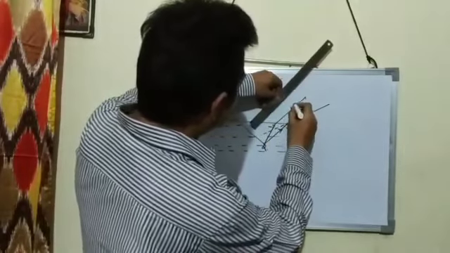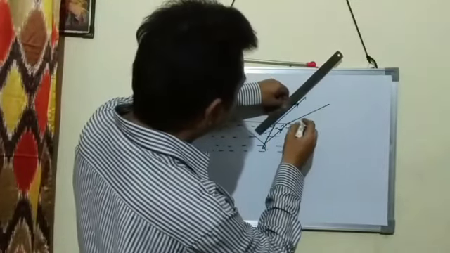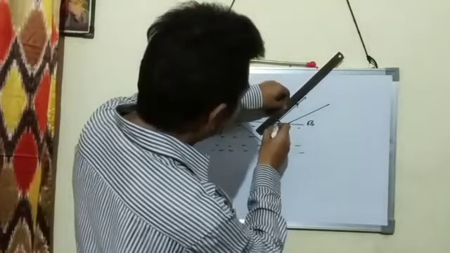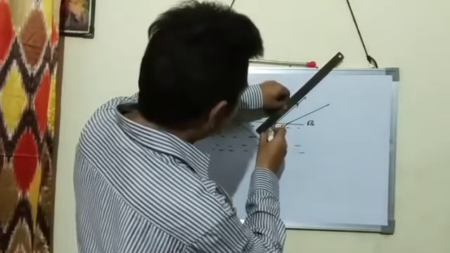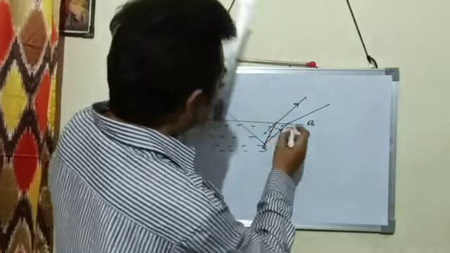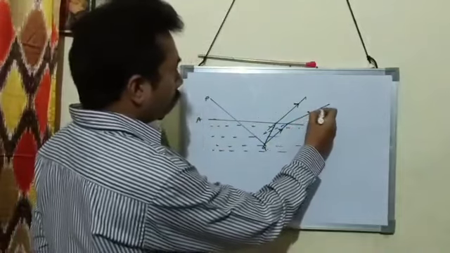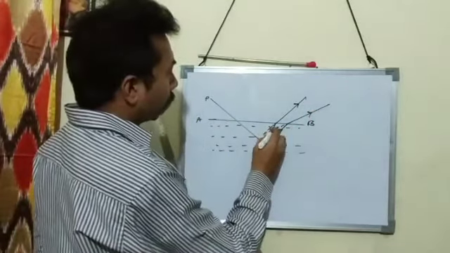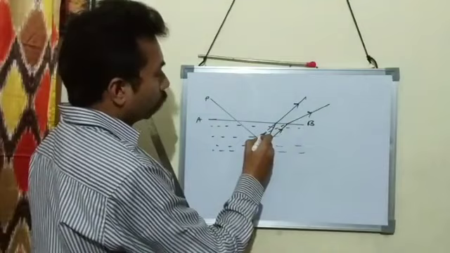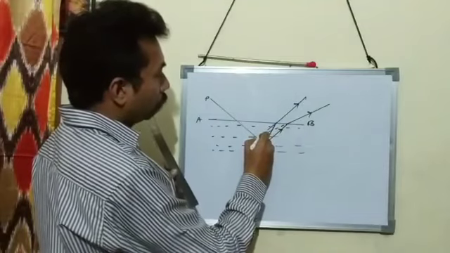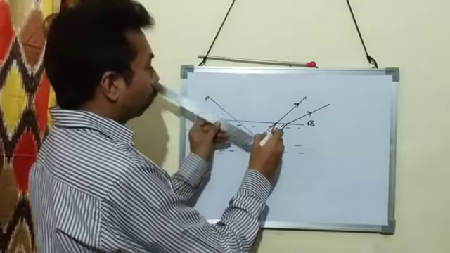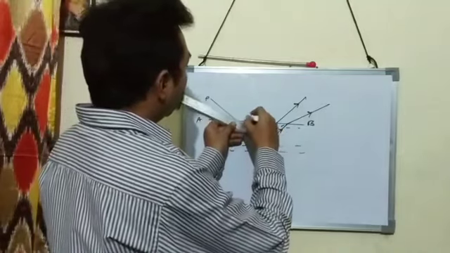So this is the refracted ray, and it is also produced backward. This is one of the refracted rays, this is another. Both the refracted rays produced backward appear to meet at this point. From that point to the surface you join.